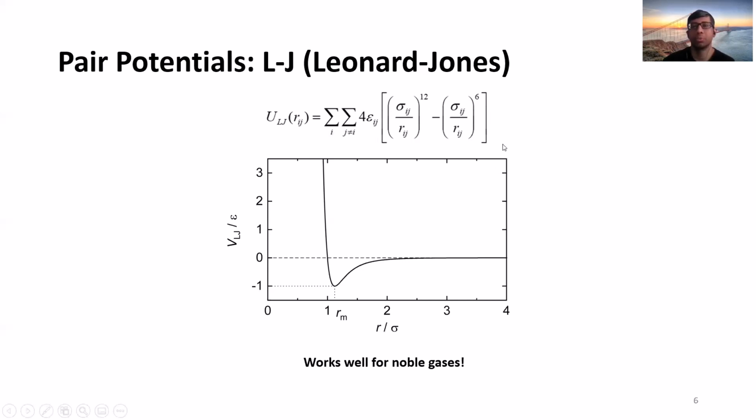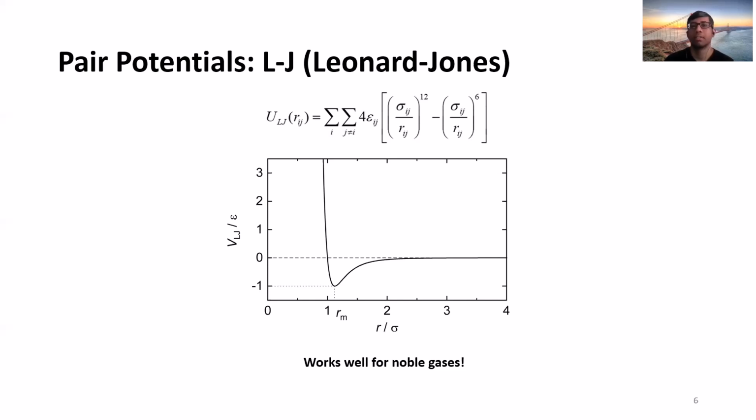So there are only two terms in this functional form. And you can see that when the atoms come toward each other, they start to repel each other. And when they go far away from each other, they start to attract each other.